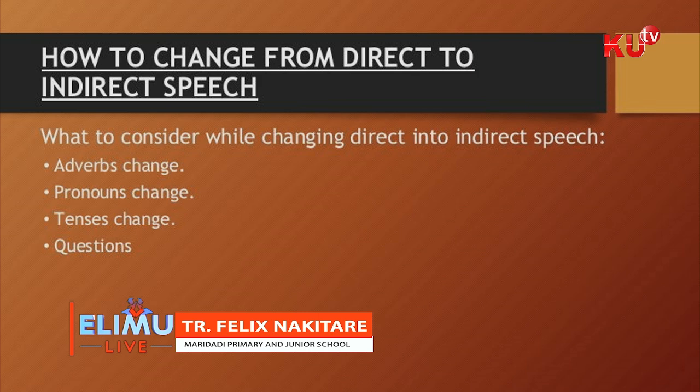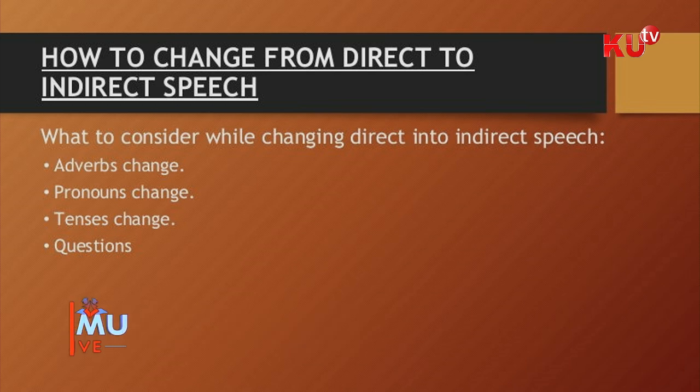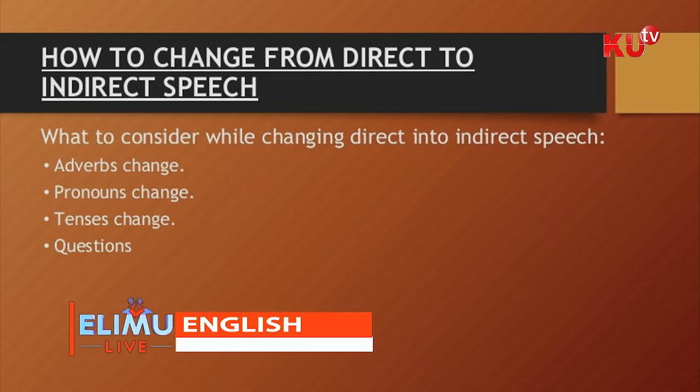It can be an adverb of place, adverb of time, and so on. Number 2, pronoun. Make sure you take the pronoun into consideration. Number 3, the tense. The tense has to change from one tense to another, for example, present simple tense changes to past simple tense.